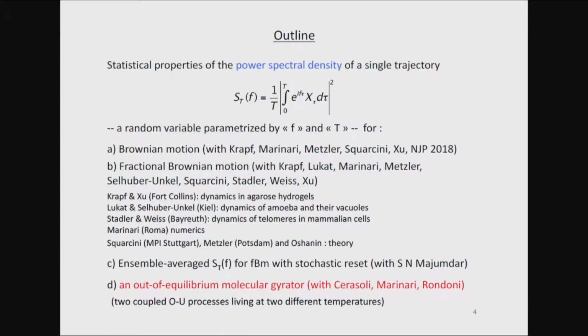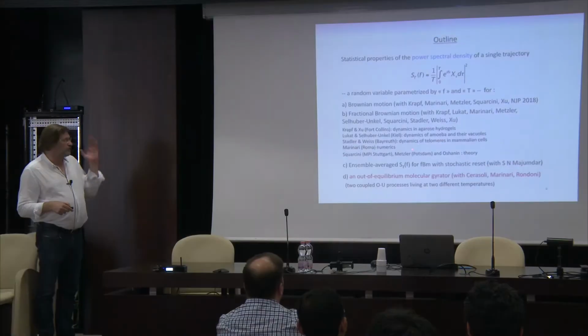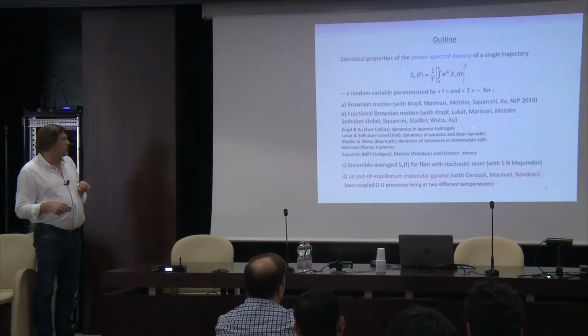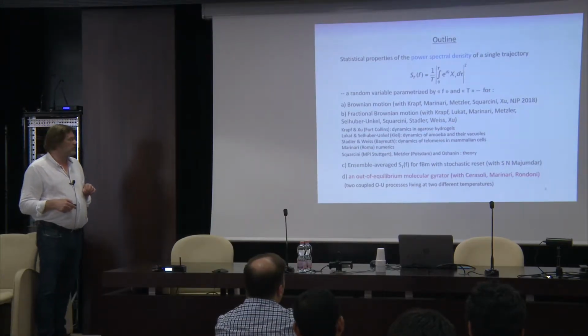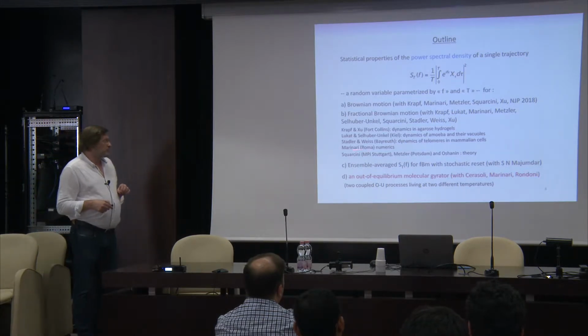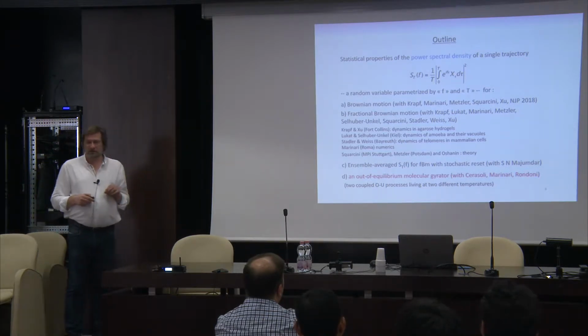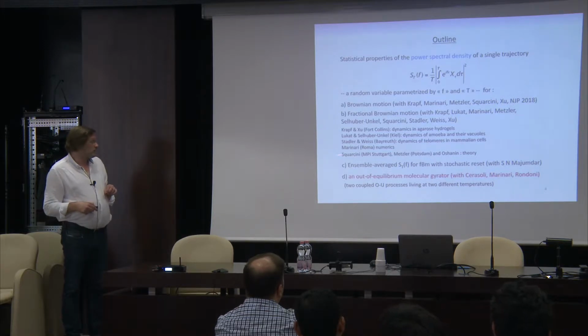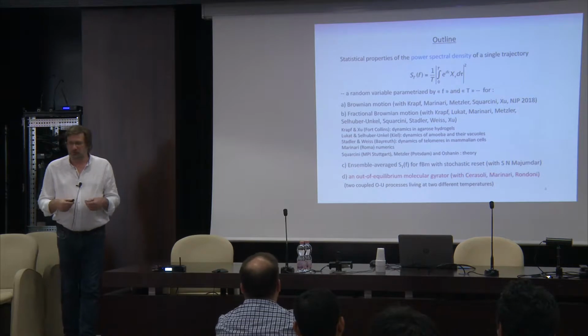Mostly these gentlemen and ladies are experimentalists who did experiments for us in different physical systems like agarose hydrogels, dynamics of amoeba and vacuoles inside this amoeba, and dynamics of telomeres in mammalian cells. Enzo Marinari was doing heavy numerics for us, and Alessio Squarcini, Ralf, and myself were occupied with the calculations.